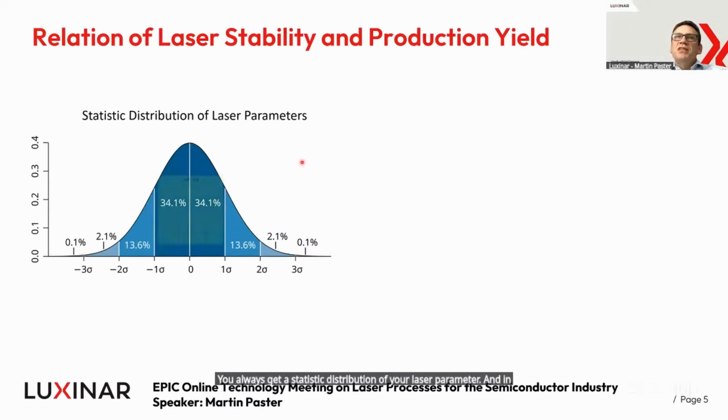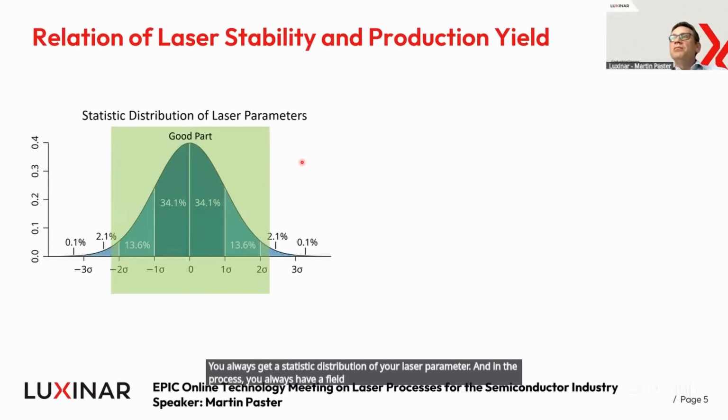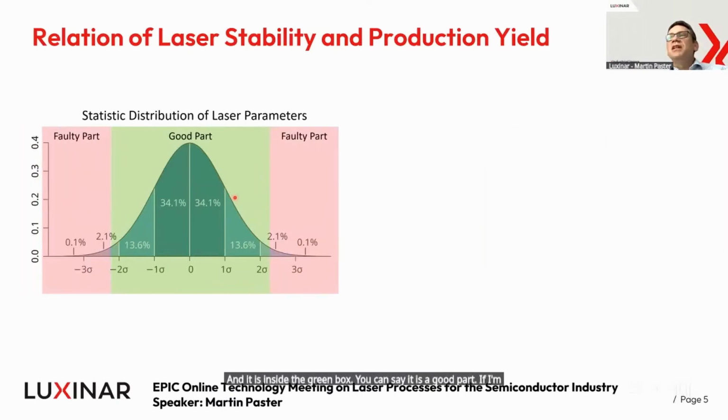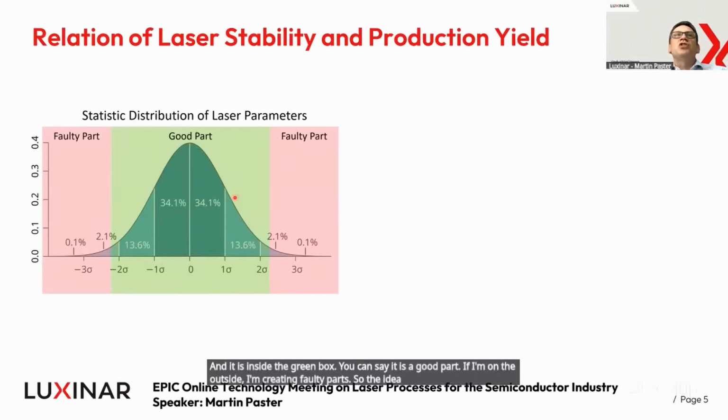And in the process, you always have an acceptance range where your part is considered a good part. If I apply the laser and it is inside the green box, you can say it is a good part. If I'm on the outside, I'm creating faulty parts. So the idea is now to enlarge the green box as much as possible to create less and less faulty parts.